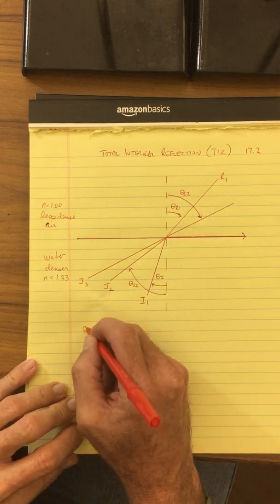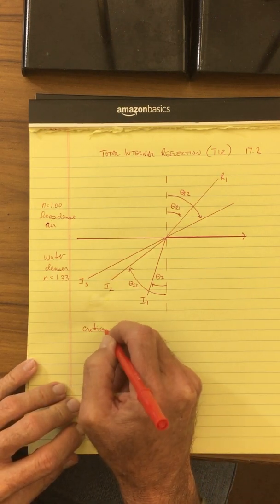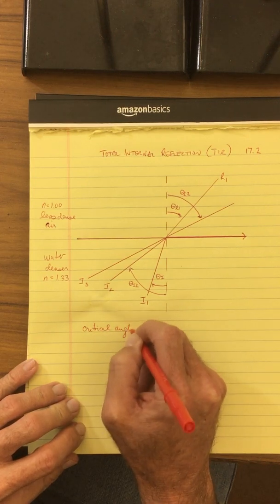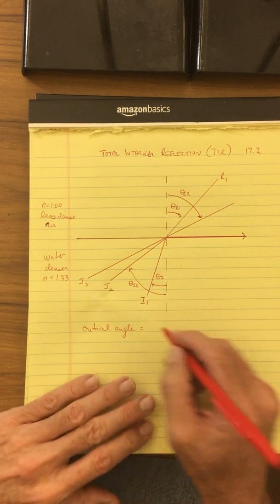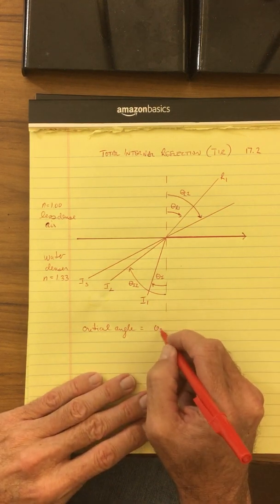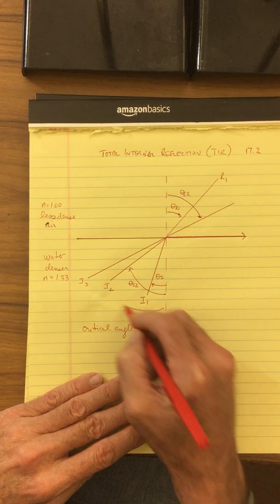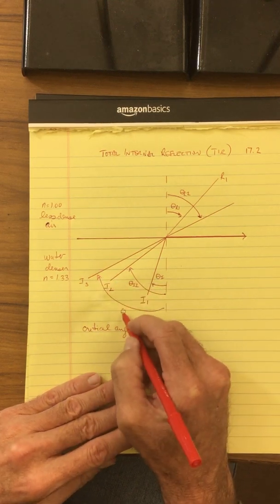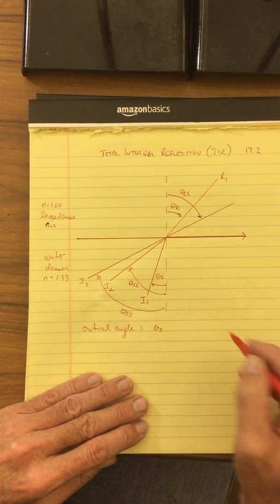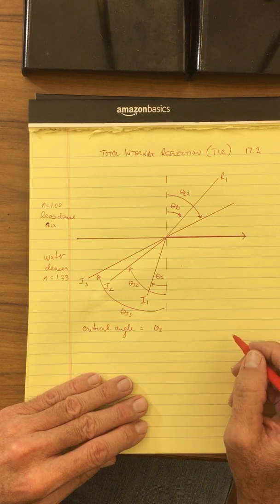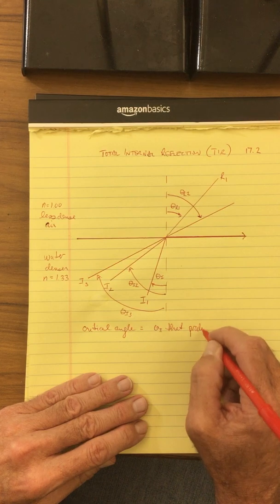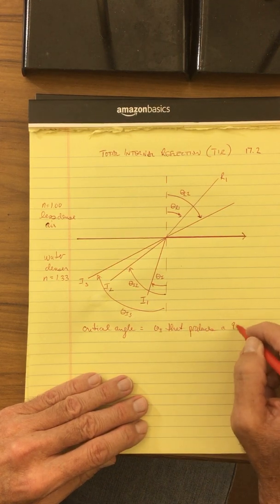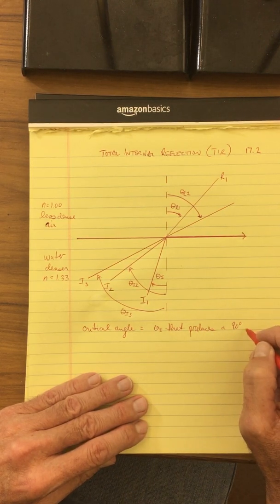So the critical angle is therefore going to be the angle of incidence, this whole angle right here. This would be the angle of incidence number 3. The angle of incidence that produces a 90-degree refraction.